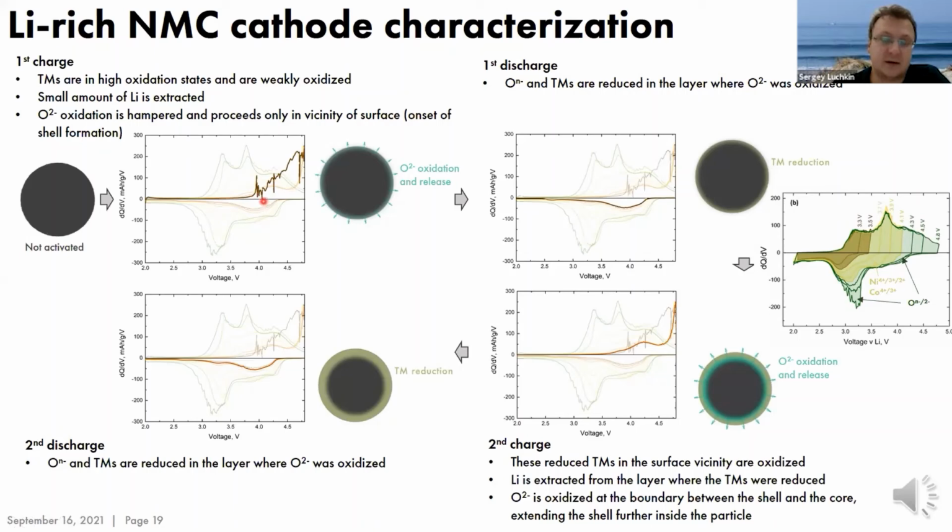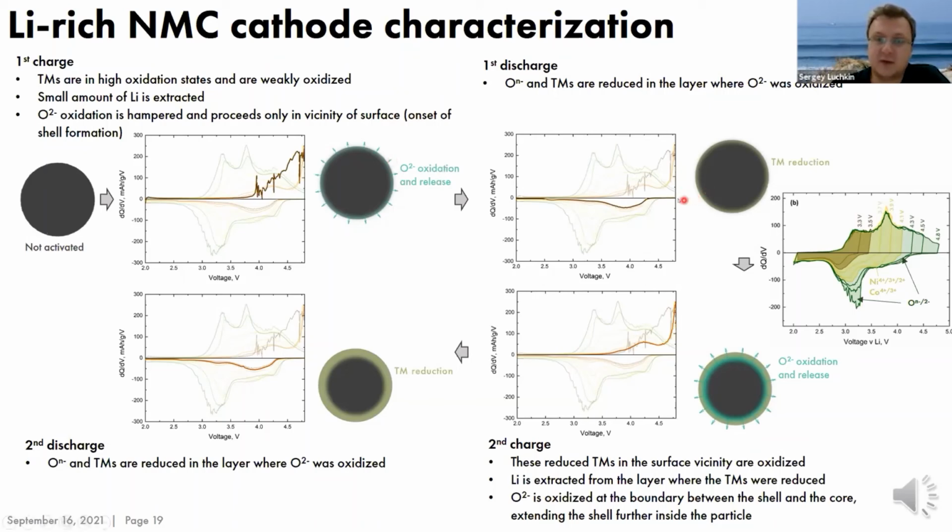So lithium is not deintercalated, and this somehow hinders oxygen oxidation, which still happens at the very surface of the particle, because at the surface, transition metals are slightly reduced as compared to the bulk, and there are also a large number of uncompensated bonds and defects, so oxygen oxidation still goes on.